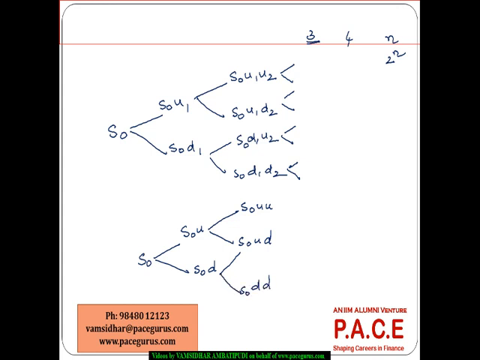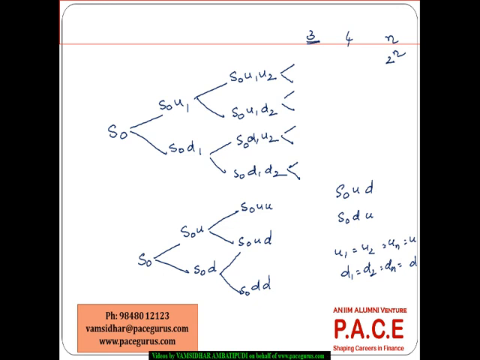So the up movement is stable throughout, the down movement is also stable throughout, which means S naught U times D or S naught D times U both mean the same for me. In other words, it's as good as making U1 equal to U2 equal to Un equal to U, and D1 equal to D2 equal to Dn equal to D.